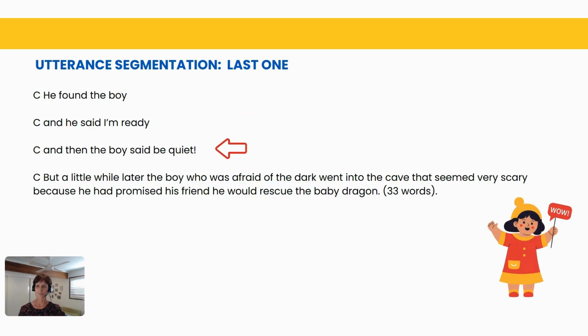So last one. The child says he found the boy and he said, "I'm ready." And the boy said, "Be quiet." So here I embed a dialogue quote. So we don't use quotes at all in SALT. You don't have to. And in this case, he said, "I'm ready" is one communication unit. And then the boy said, "Be quiet."